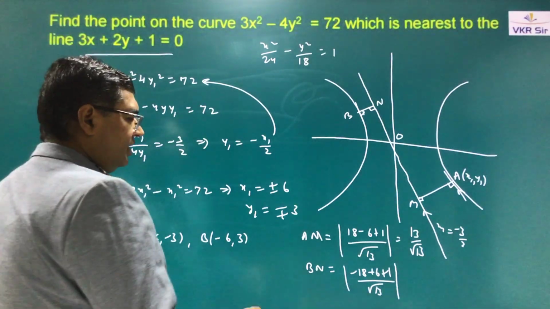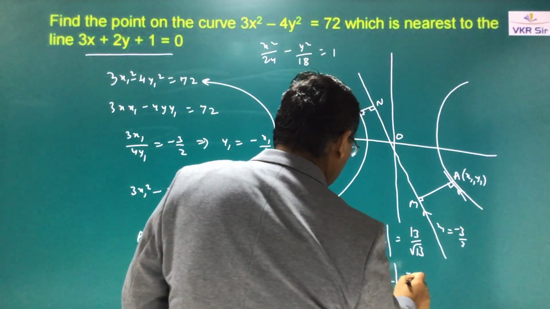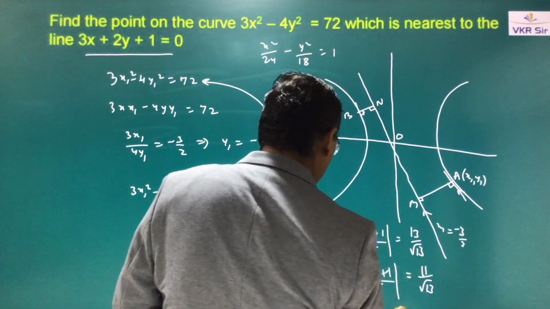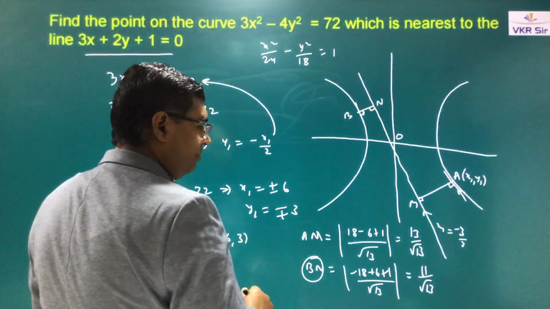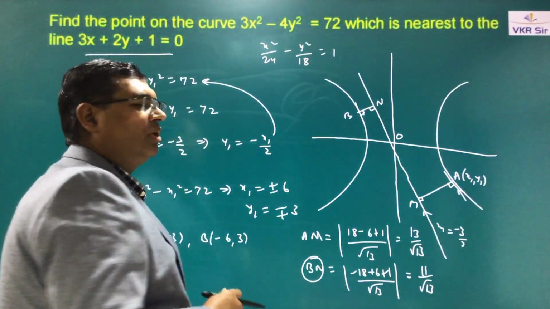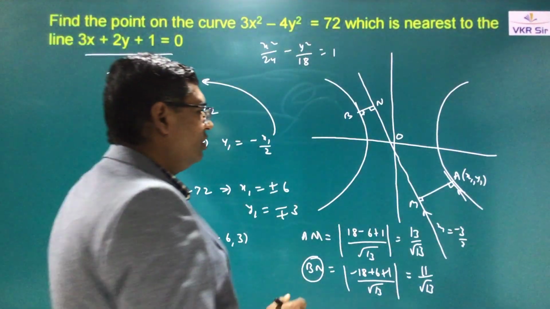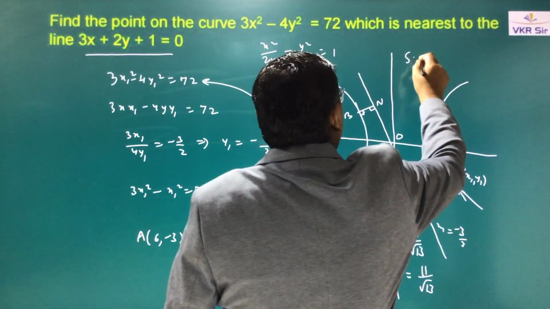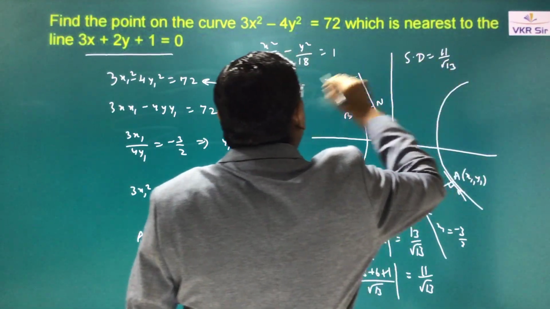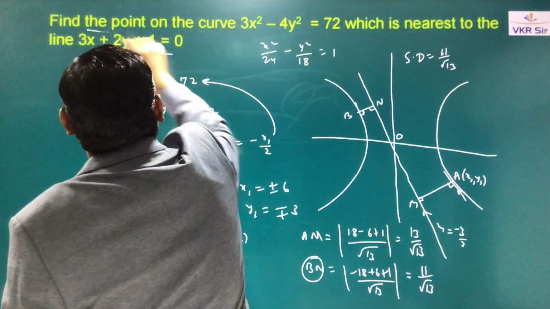So once we get this, this is 11 upon root 13. So obviously we can see BN is smaller than AM because the numerator is smaller. So BN is going to form the shortest distance. All right. So the shortest distance found is 11 by root 13. But we are being asked to find the point on the curve.